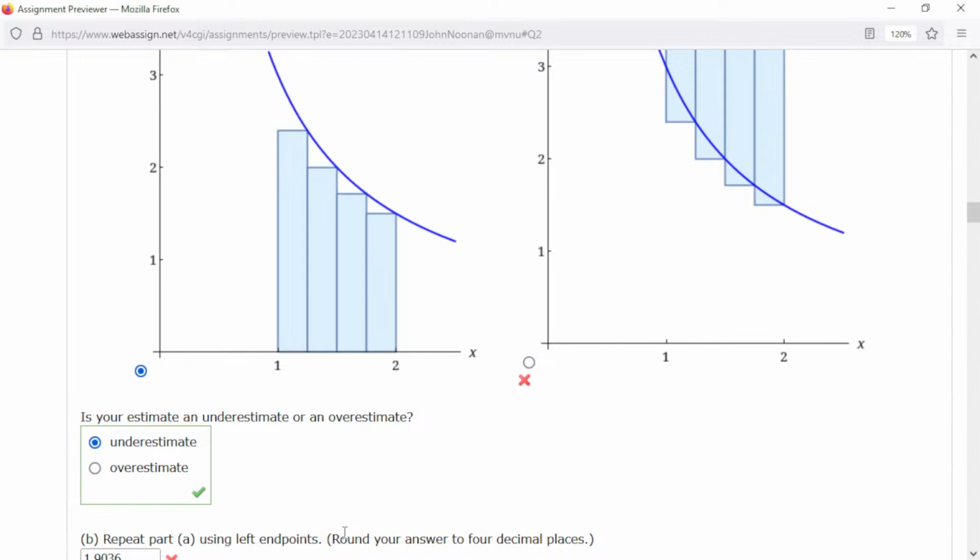And then 2B is almost the same, except for using the left endpoints, so you would do whatever function value here, that's 3 times 1/4, and then this times 1/4, and that times 1/4. Hopefully you can handle that.